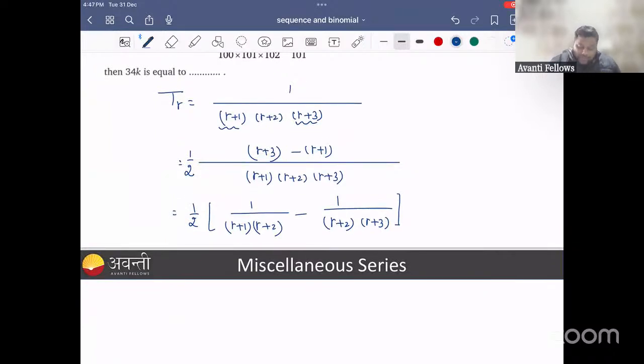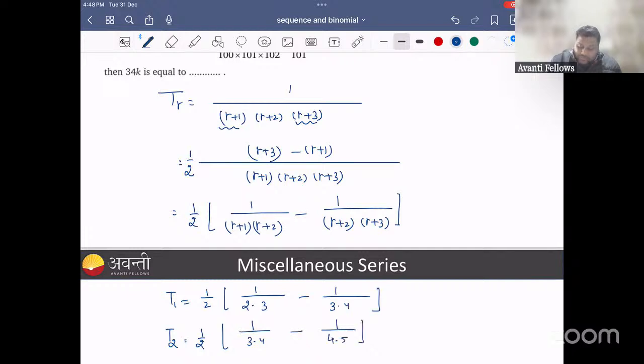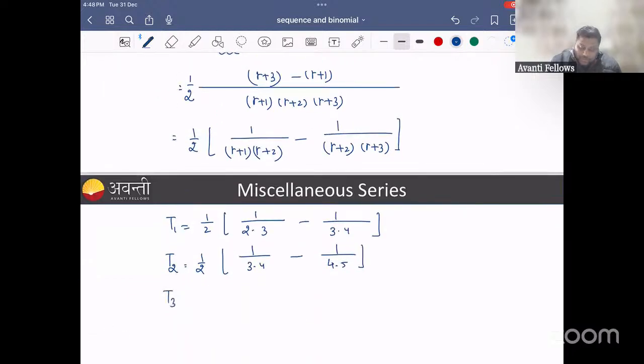Now you got this. Now find T1, T2, T3. What is T1? T1 is half of 1 upon 2, 3 minus 1 upon 3, 4. T2 is half of 1 upon 3, 4 minus 1 upon 4, 5. T3 is half of 1 upon 4, 5 minus 1 upon 5, 6 and so on.